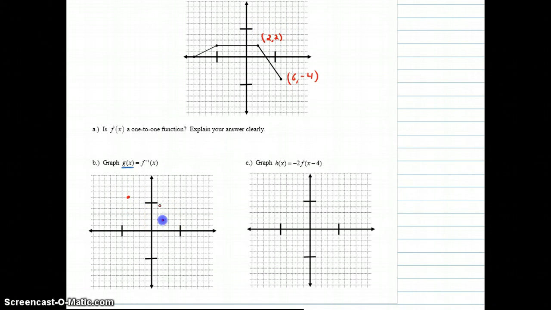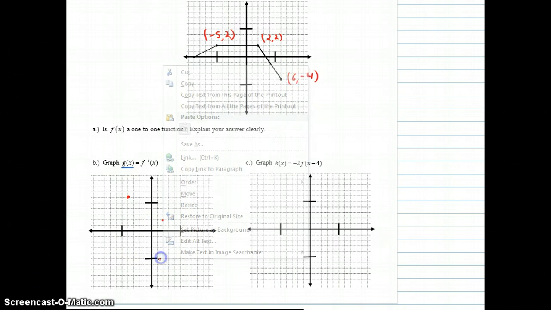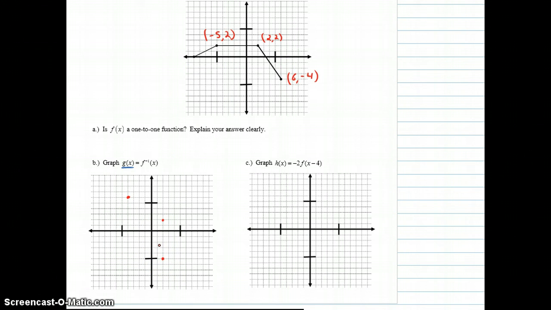Oh wait, it's still 2, 2. Over here I've got the point -5, 2, so I'll swap the inputs and the outputs. Graph the point 2, -5. And the last point is at -9, 0, so I'll swap those and plot the point at 0, -9.